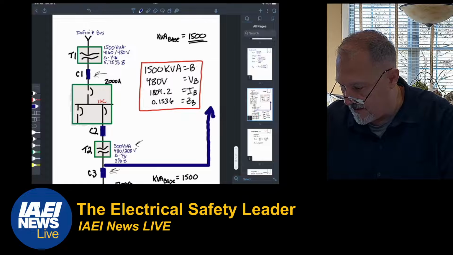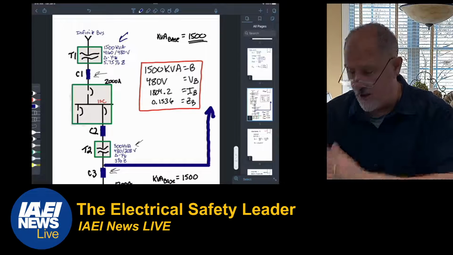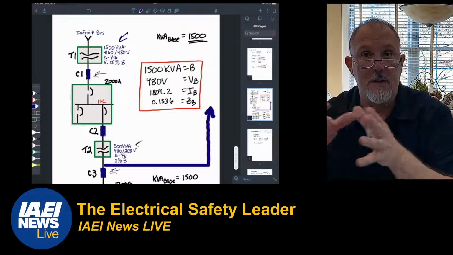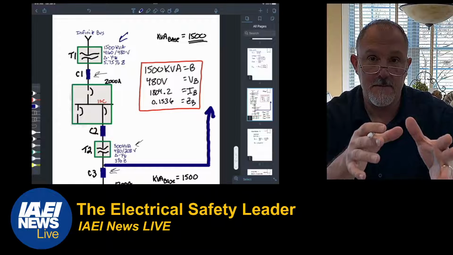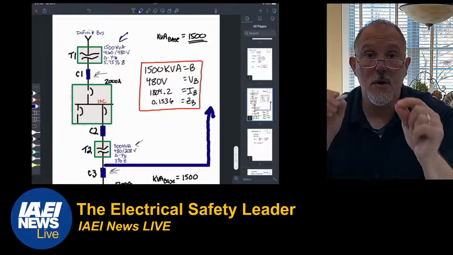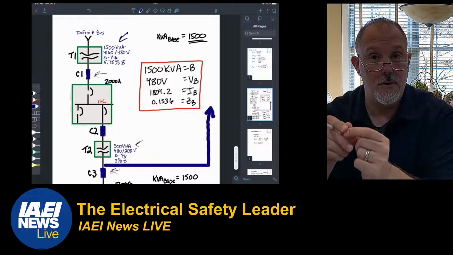Why did I pick 1500? Well, I don't have to do any math for that transformer. I don't have to convert 5.75% Z, which is already on a 1500 kVA base. Remember, that 5.75% is a per unit value already. The manufacturer did that for you.